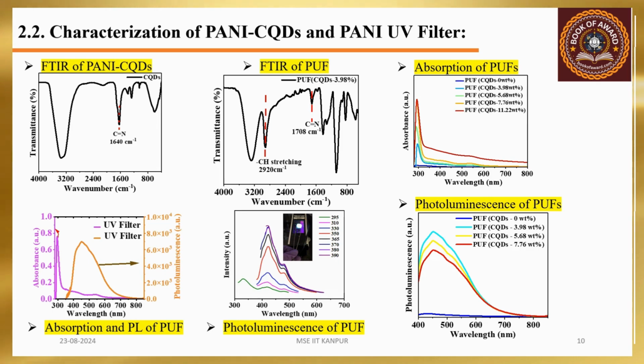When this Pani UV filter is excited at certain wavelengths in the UV region, the Pani UV filter of type PUF-CQDs 3.98 weight%, means the Pani UV filter which has carbon quantum dots concentration 3.98 weight%, has the highest photoluminescence intensity among the other Pani UV filters. So this Pani UV filter is suitable for studying the photostability of triple cation perovskite solar cells.